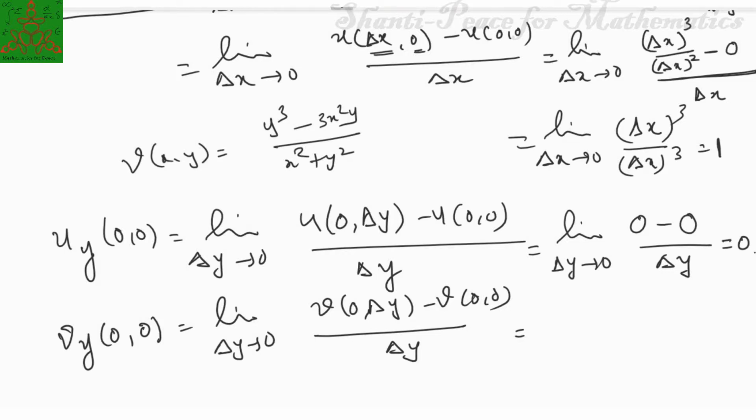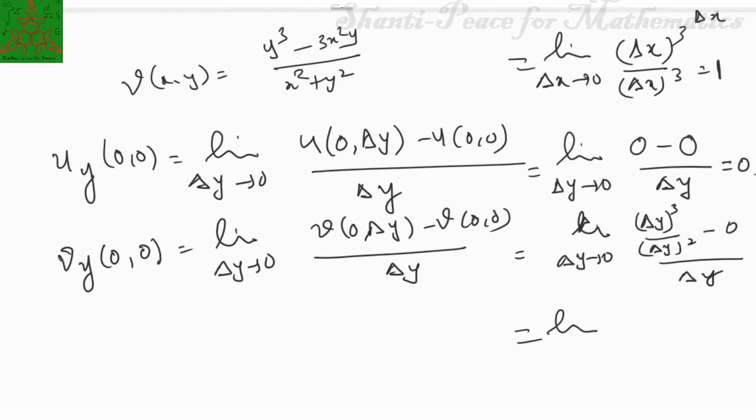So you just substitute delta y for y, which gives me the limit as delta y tends to 0 of delta y cube upon delta y square, minus 0, upon delta y. So finally what we'll have is the limit as delta y tends to 0 of delta y cube upon delta y cube, which gives me 1.